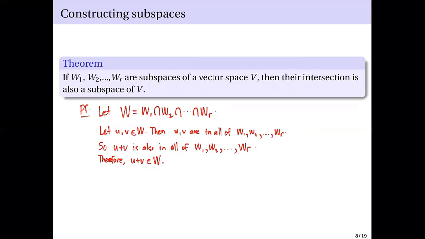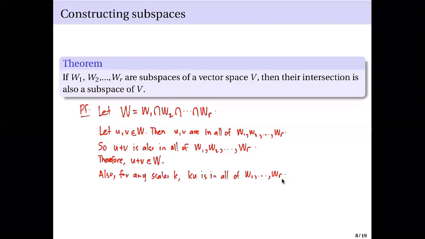Okay? Also, for any scalar k, the scalar multiplication kU is in all of W1 until WR. And again, the reason is W1 until WR are subspaces.